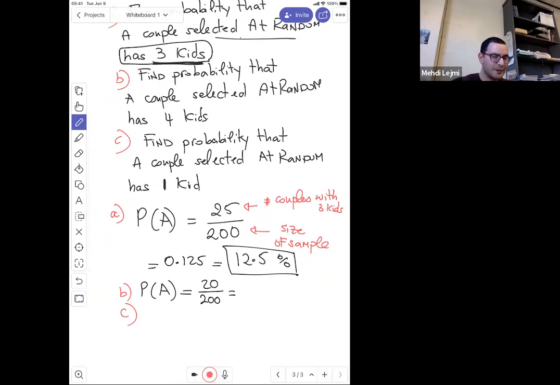So that's 20 over 200, which is 0.1. Multiplied by 100, that's 10%.